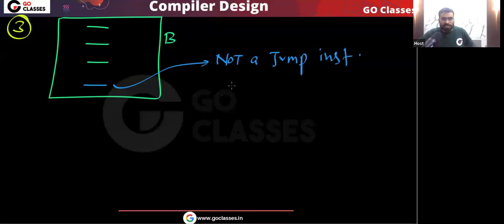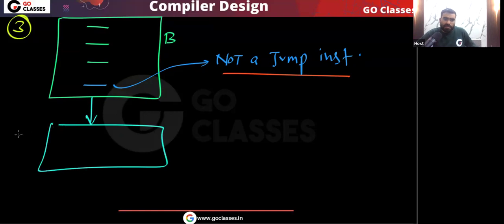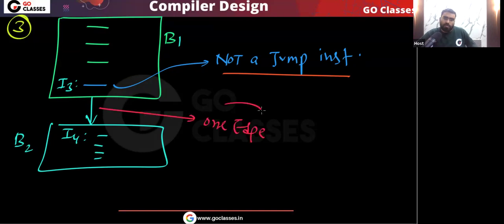In this situation, very simple, you will put just one edge to the next basic block. This is your B1, this is your B2, let's call the instructions I3 and I4. In this situation, you will put only this one edge.